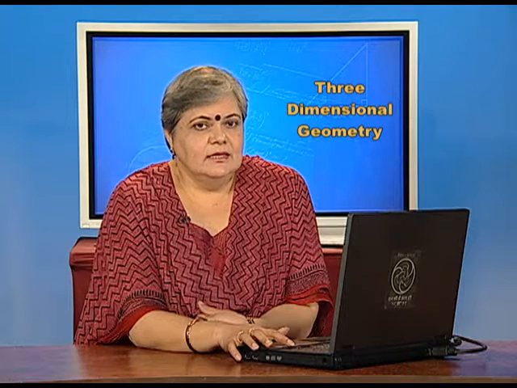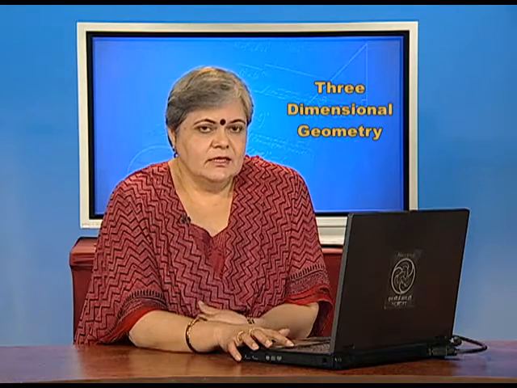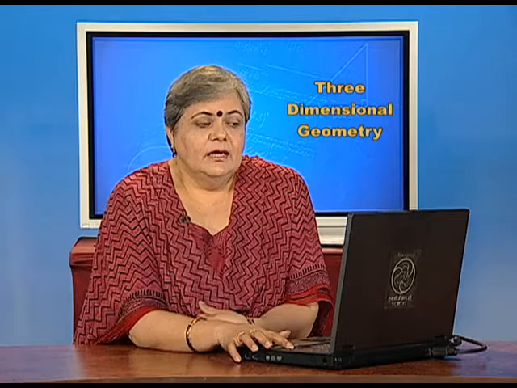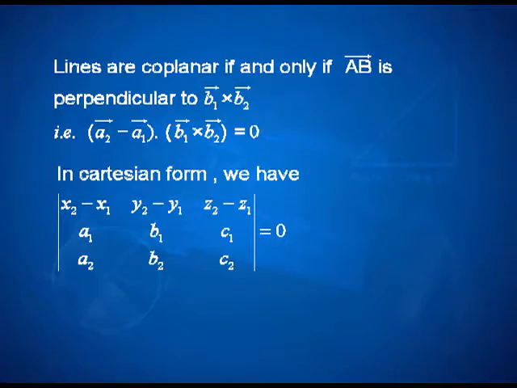And that exactly is the condition for coplanarity of two lines, that is, vector a2 minus vector a1 dot b1 cross b2 equal to 0 would imply that the two lines are coplanar. In Cartesian form, the same condition translates to the determinant with first row x2 minus x1, y2 minus y1, z2 minus z1, second row a1, b1, c1, third row a2, b2, c2.